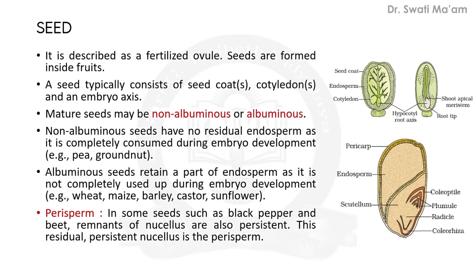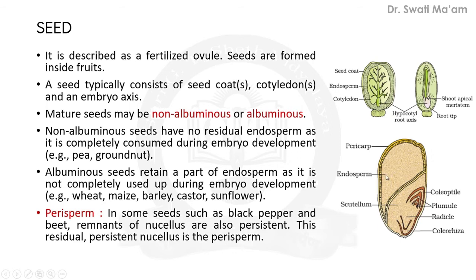What is the difference between the two seeds? Today we will learn new terms regarding these two types of seeds: albuminous and non-albuminous seeds. What is the difference? Let us see. Here two pictures are given, and both are showing different types of endospermic part.